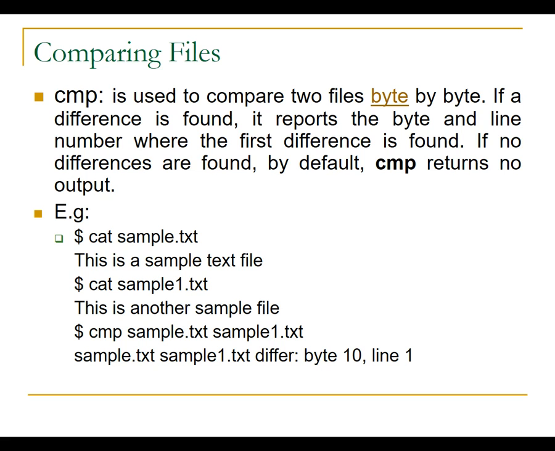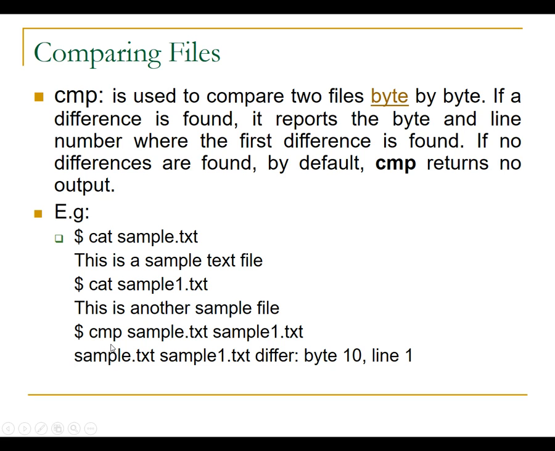How can we perform this particular program practically? It is displayed over here. First, create a text file called sample.txt. Store this content: This is a sample text file. After saving sample.txt, create another file called sample1.txt, and in this store the content: This is another sample file.